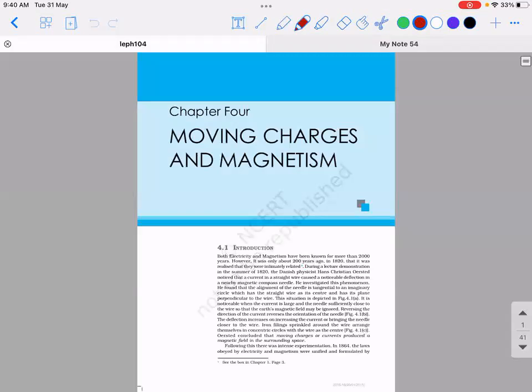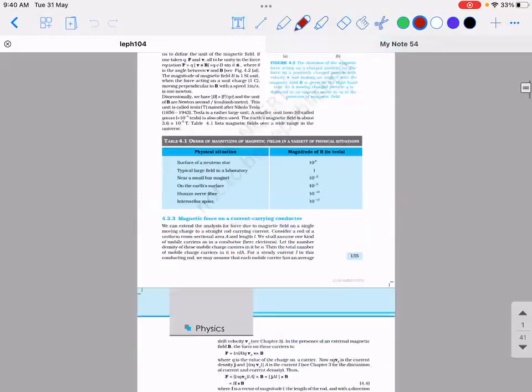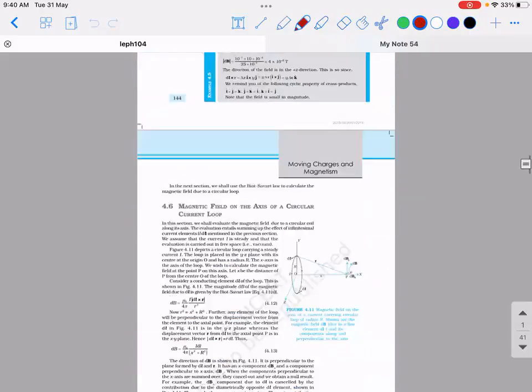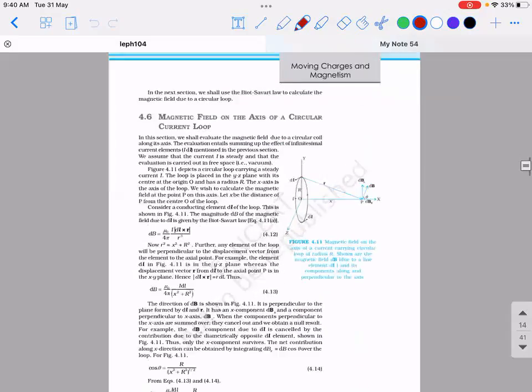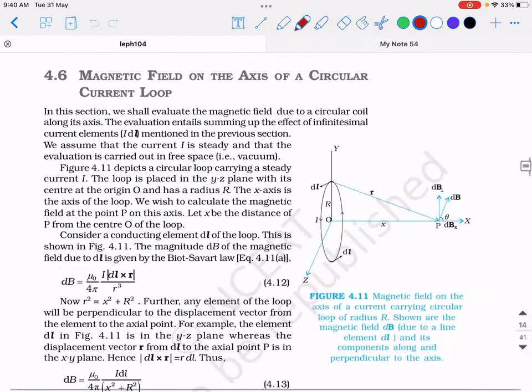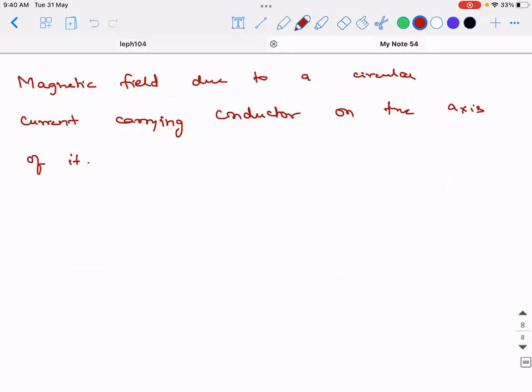I'll tell you the page number. This is the one. Okay, you're able to see this, right? I want everybody to concentrate. There's a tricky part. Listen.